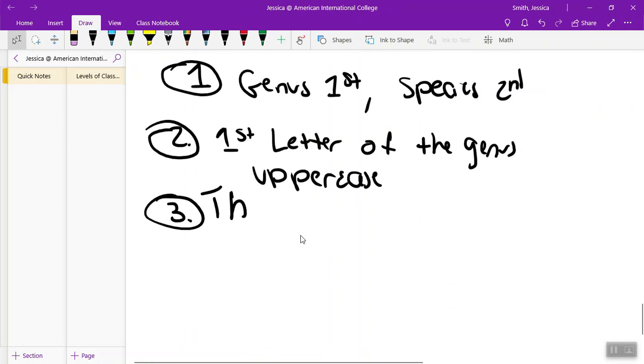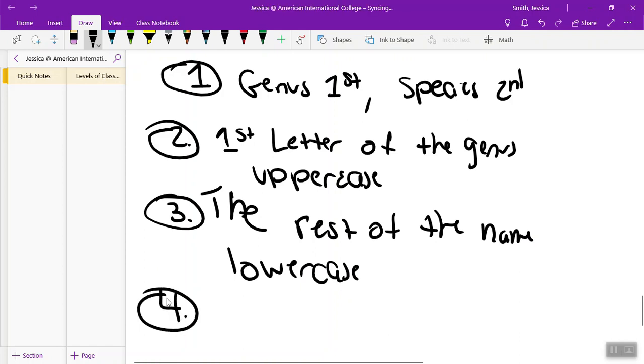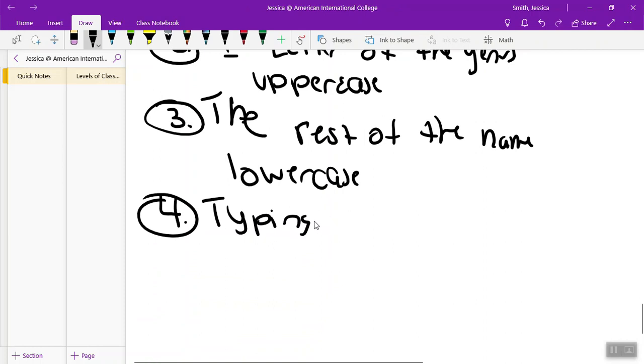I'm going to make some more room here. All right, last rule, rule number 4, and this is the one everybody forgets, and I'm always going to take off 1 point for every time you forget this. If you're typing, like on a lab report, anytime you're typing on the computer, the full name needs to be in italics.